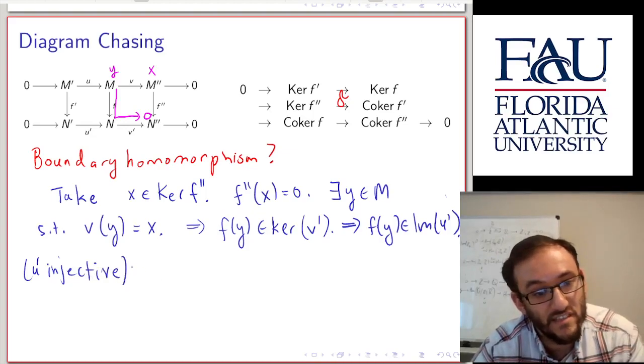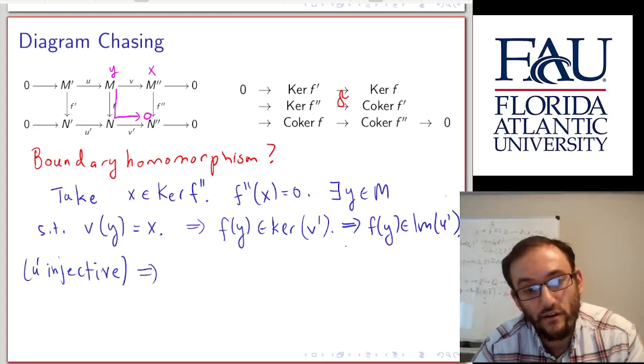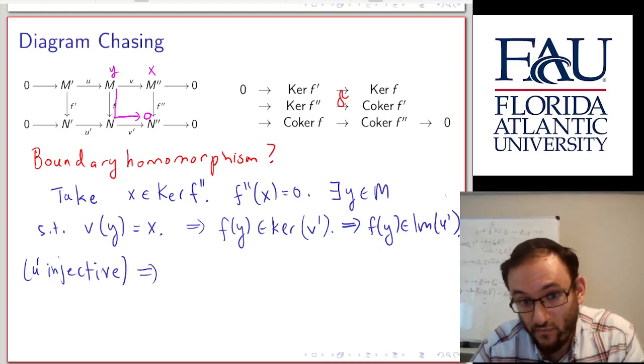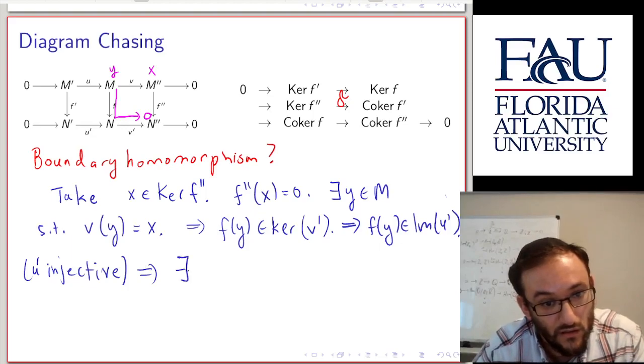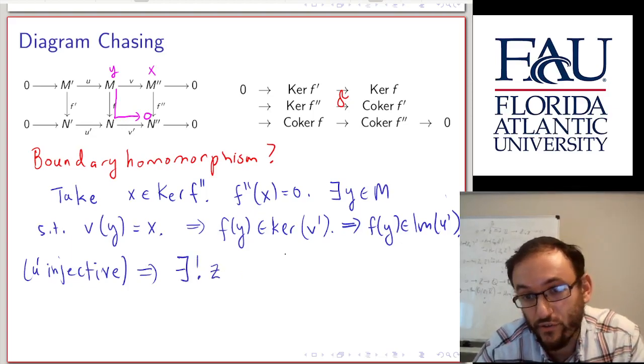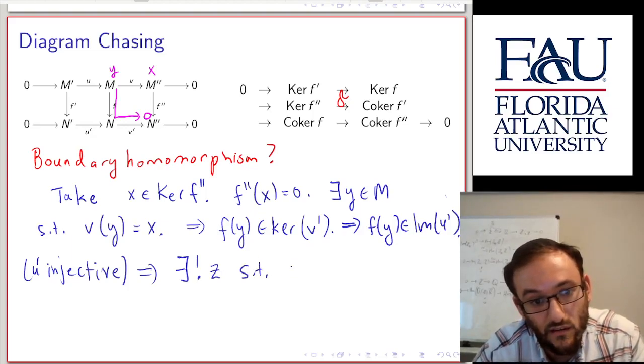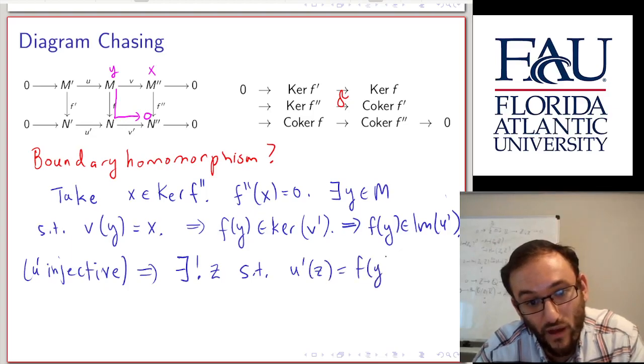This implies that there must be a unique element z such that u prime of z equals f of y.